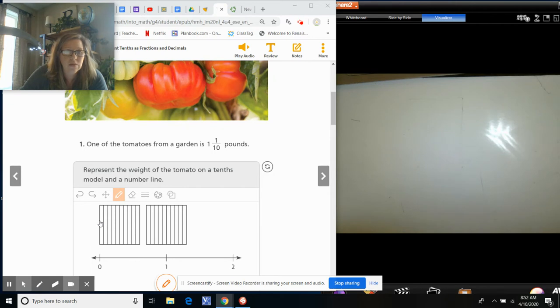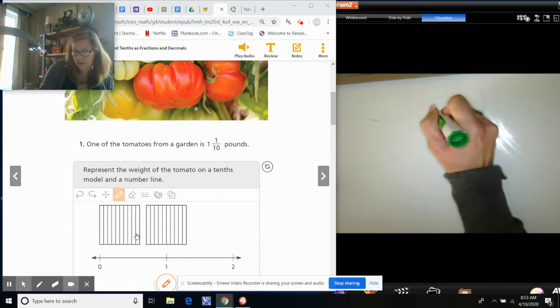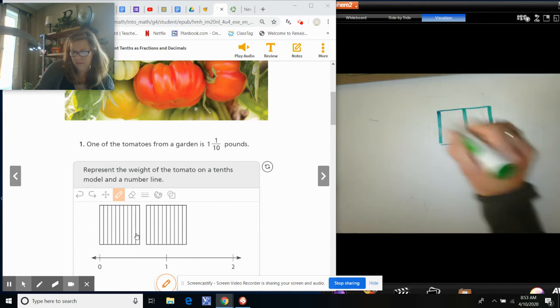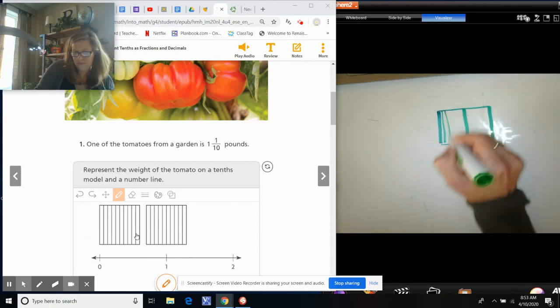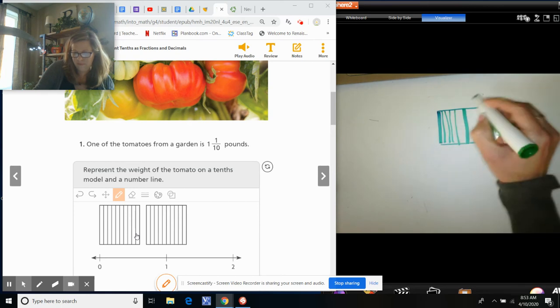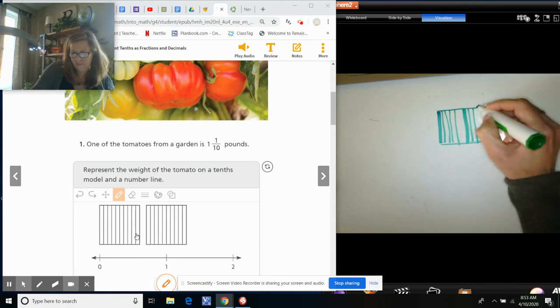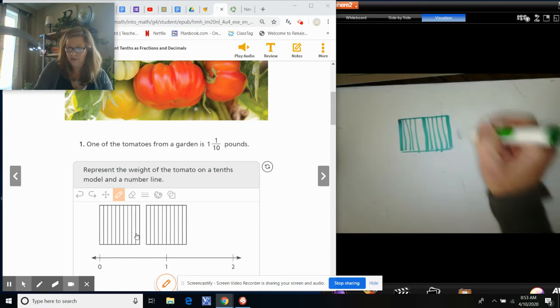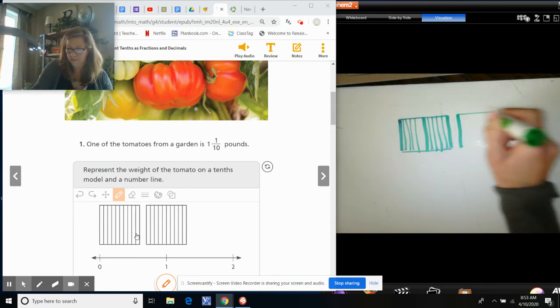So take your pencil, color pencil or just your regular pencil, and color in all these parts. While you're doing that, I'm going to draw it on my board so I can show you. And in this case, you're going to just color in that whole box.